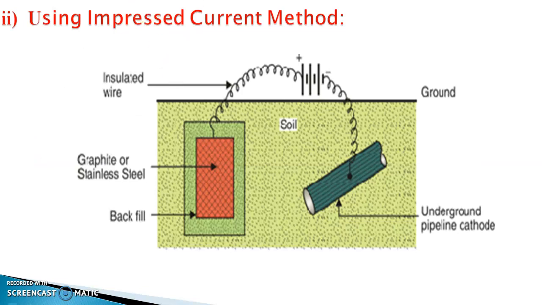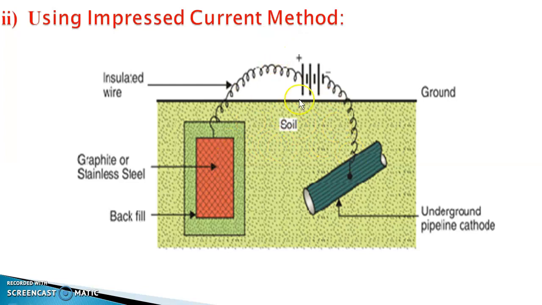The second one is your impressed current method. In this method, impressed current is applied in the opposite direction to nullify the corrosion current and convert the corroding metal from anode to cathode.